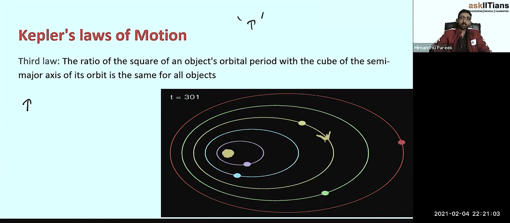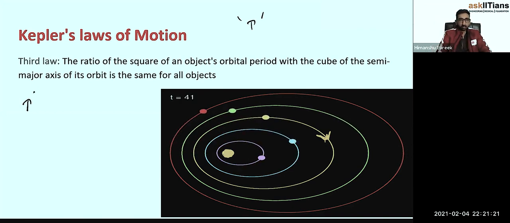So the time taken by the planet to complete one orbit is called time period. For example, for Earth, this time period is 365 days, 1 year. After 1 year, it comes back to the same orientation in the orbital plane.